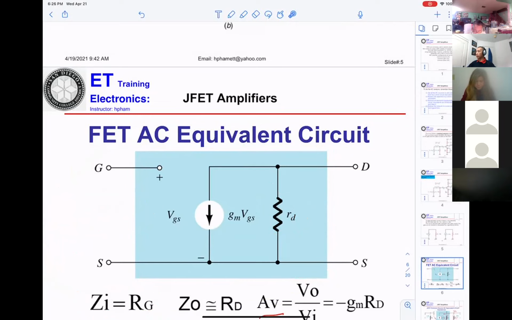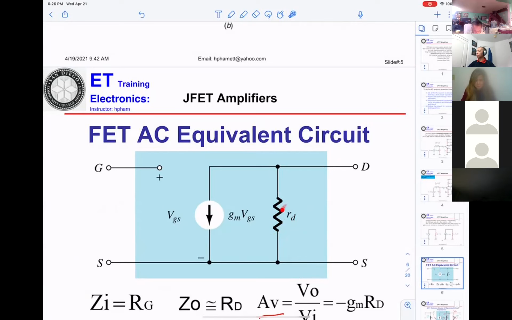So basically from the drain you get the current flowing into the source, and the value will be gm times VGS. And also from the drain into the source you get the resistance rd, the internal resistance from the drain to the source of this JFET.